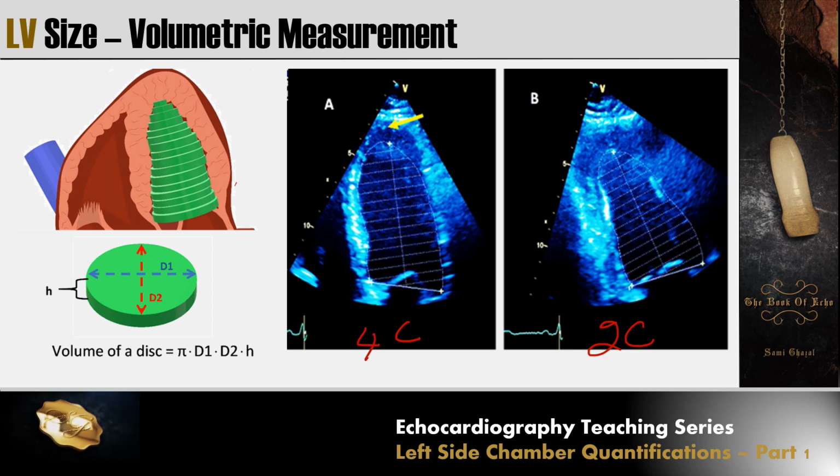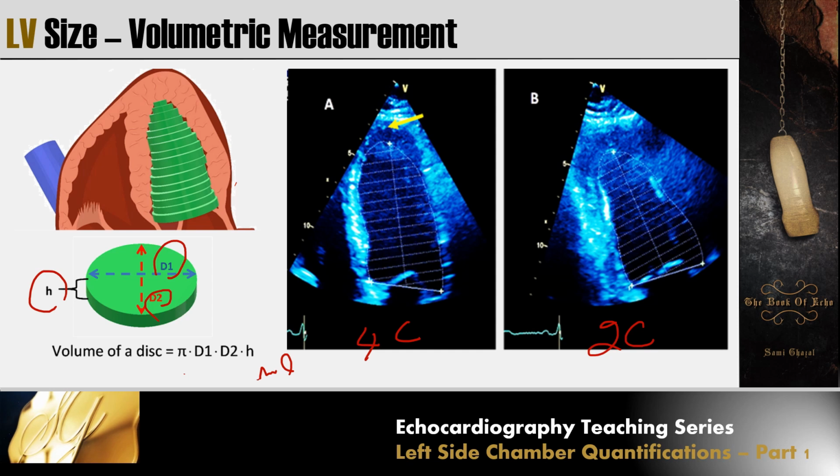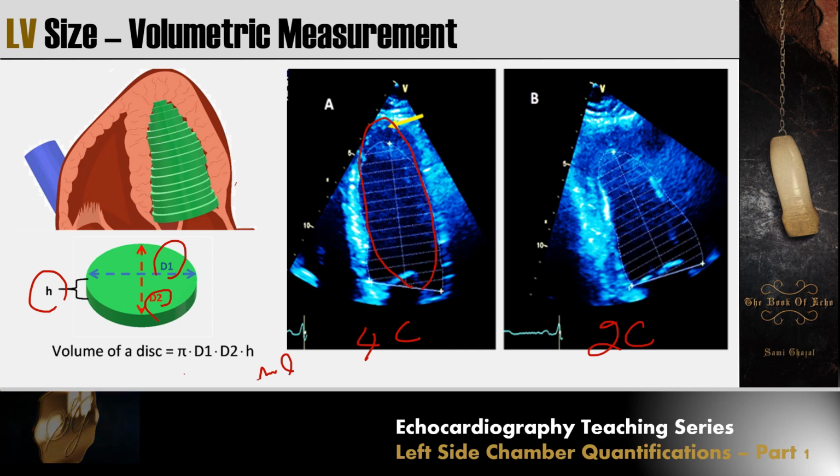Now we have 2 dimensions of each disk, dimension 1 and dimension 2, and also we have the height. The volume of each disk is pi times dimension 1 times dimension 2 times the height, and we get the volume in ml. Then we add up all those volumes, and we call it MOD, or method of disks, or modified Simpson.